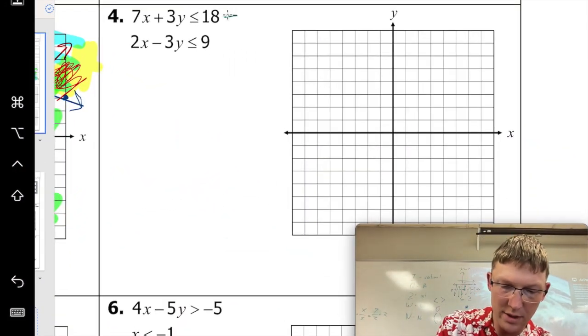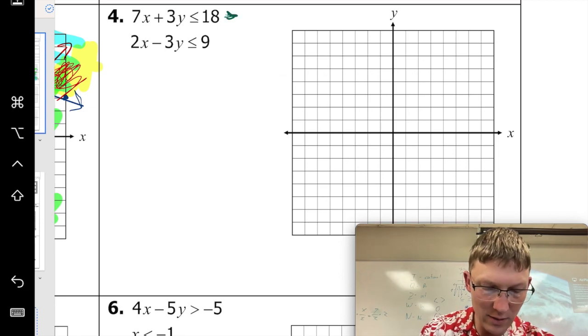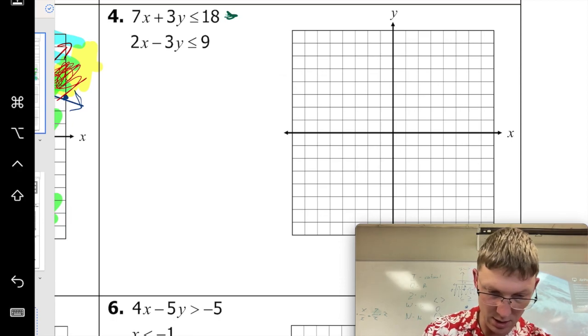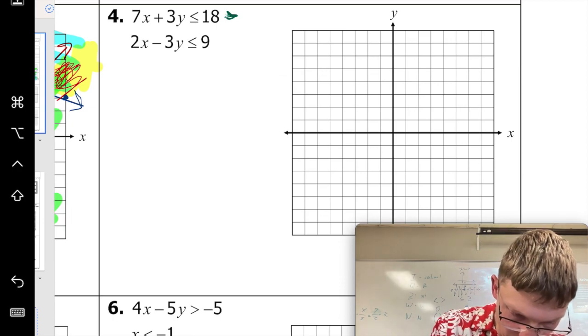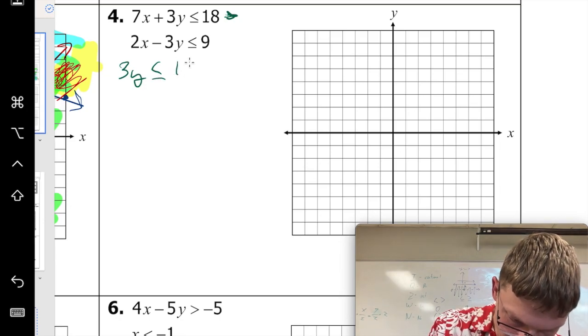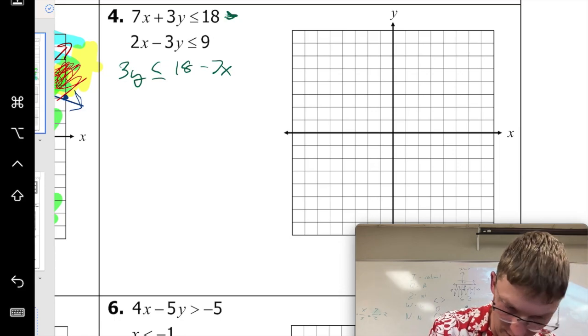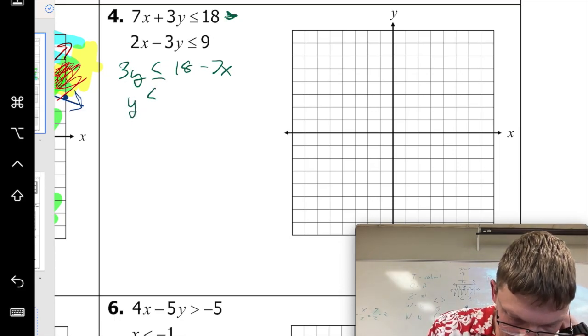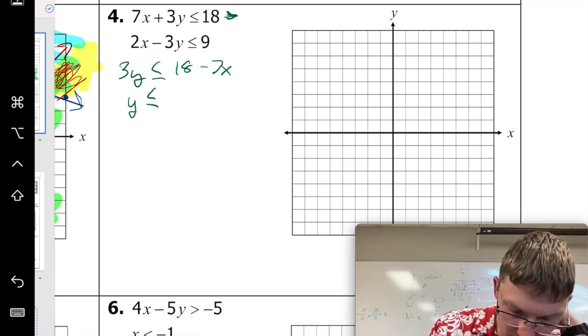So here we go. This is not in slope-intercept form. So we're going to solve for y. So we've got 3y is less than or equal to 18 minus 7x. I'm going to move that x over. So we've got y less than or equal to.